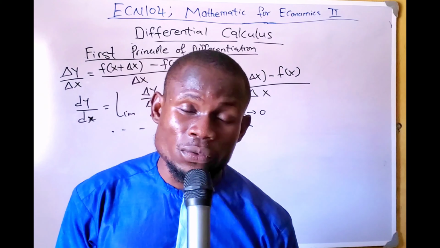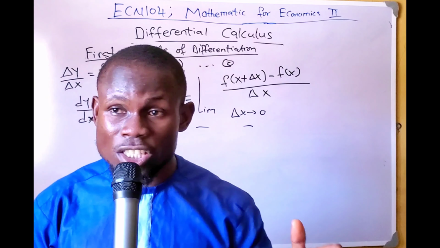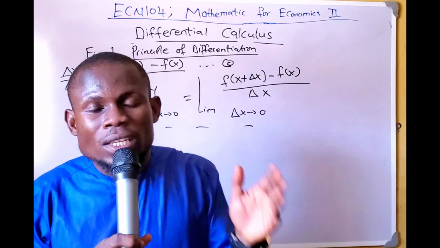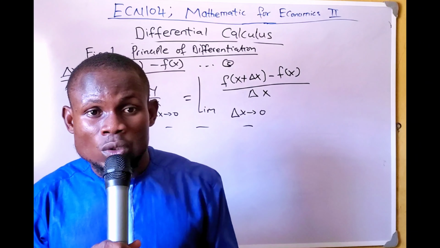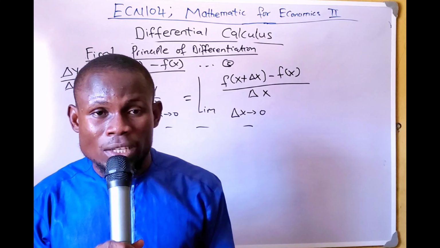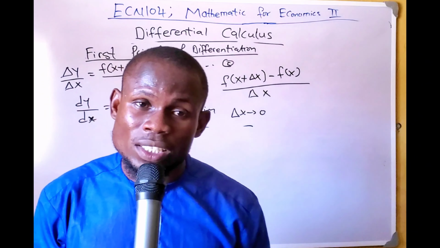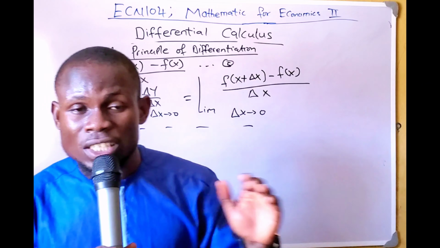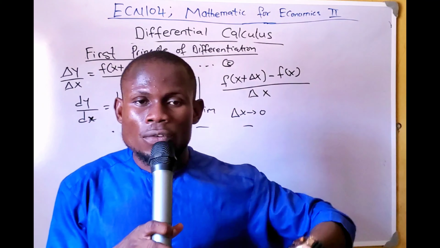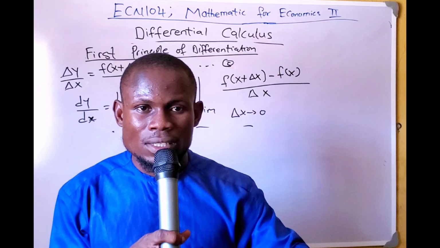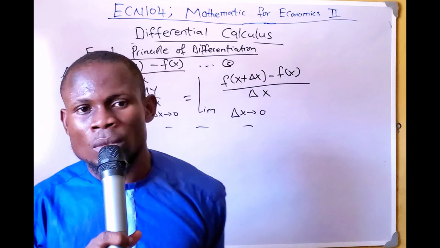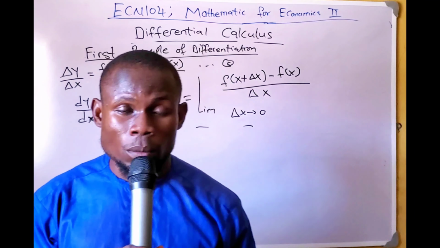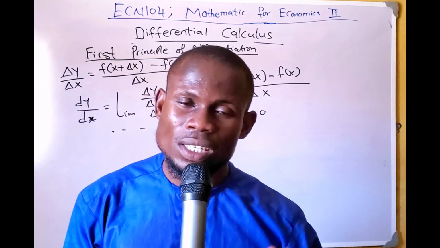Since you are looking for the difference quotient, which is change in y over change in s, you divide all through by change in s. You have change in y over change in s equals f of s plus change in x minus f of s, all divided by change in x. By so doing, you have found your difference quotient.